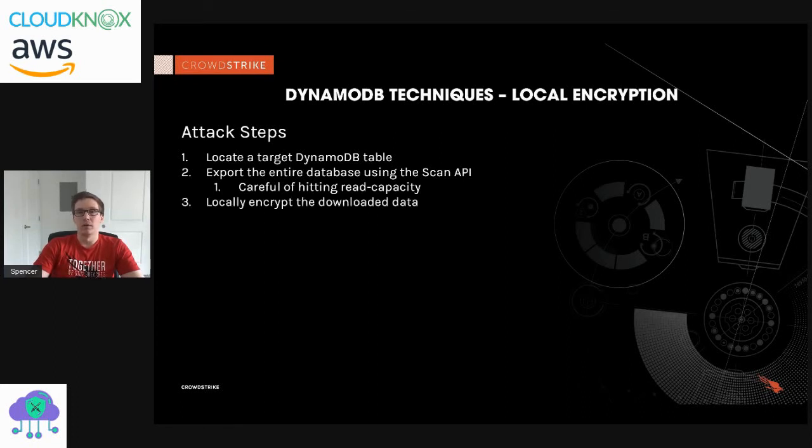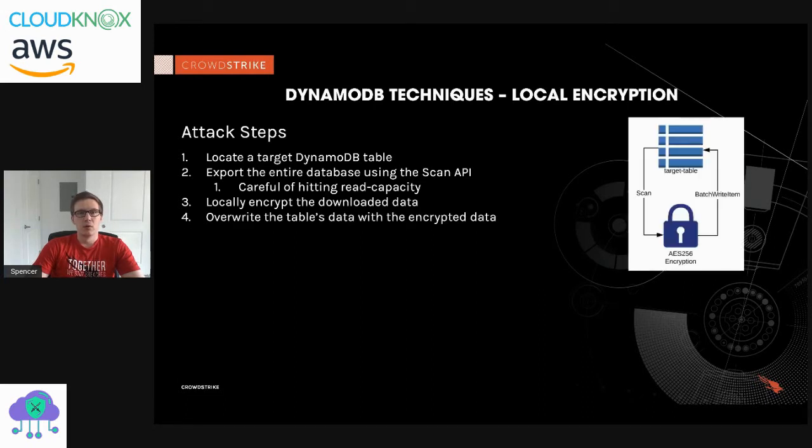Then we're going to locally encrypt the downloaded data with something like AES-256 again. We're going to overwrite the table's data with the encrypted data. So you can see, target table, we scan it, locally encrypt it, and then use BatchWriteItem to write it back into the table.